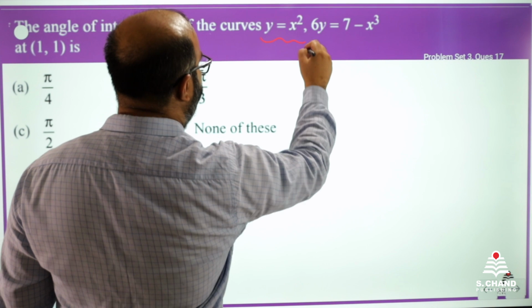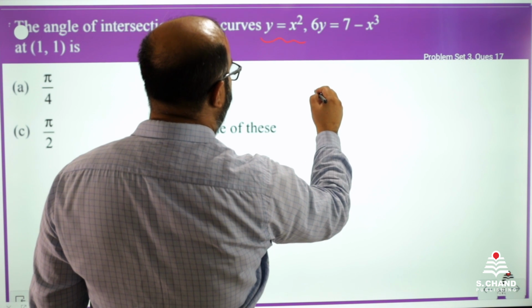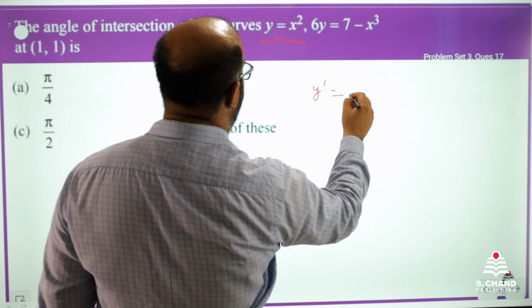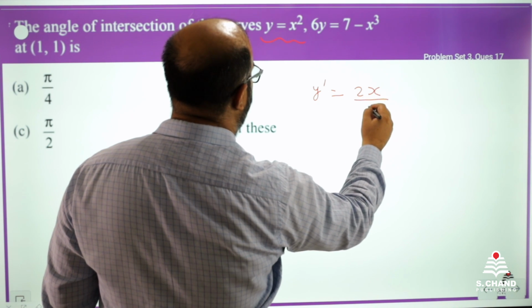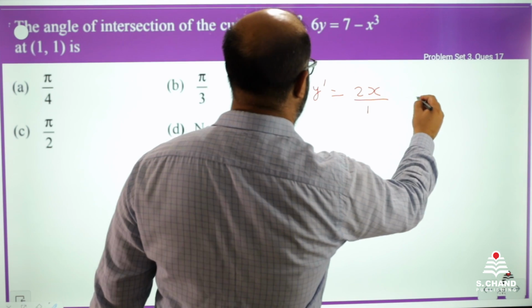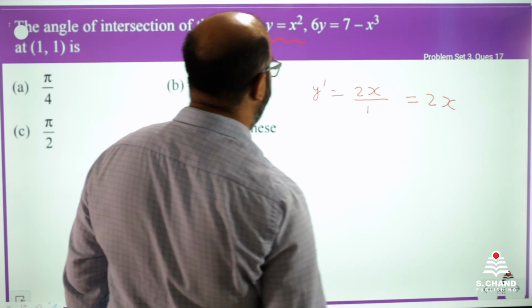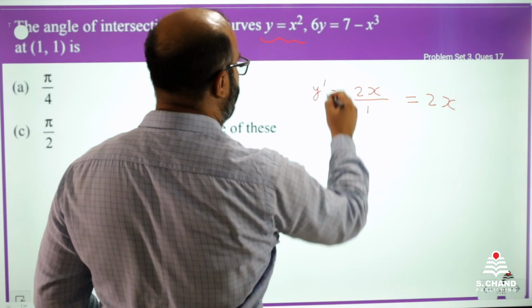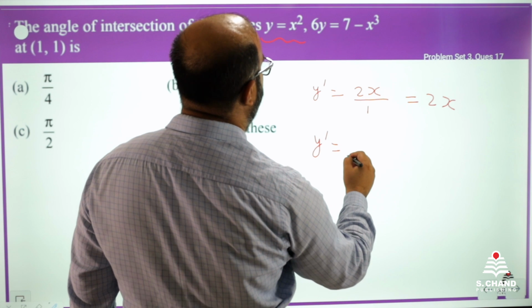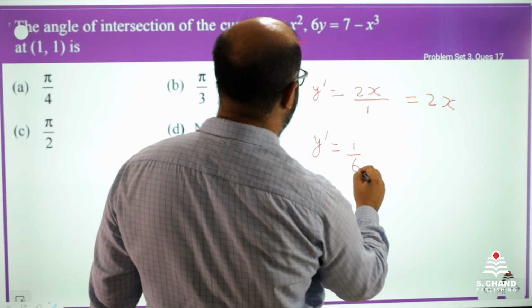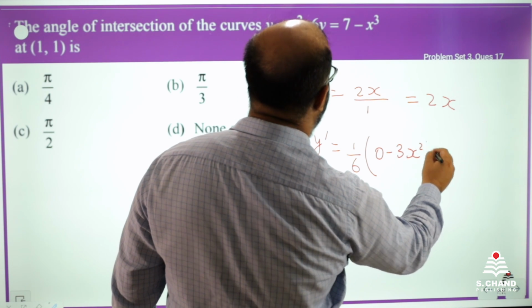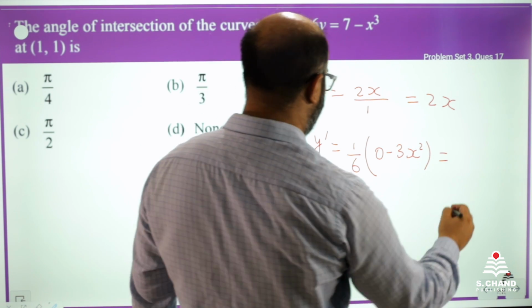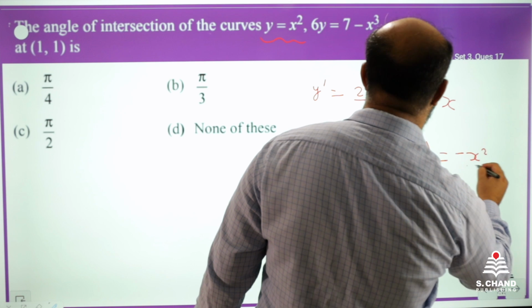we differentiate it, we will get y dash is equal to 2x, the derivative. And if we differentiate this one, this will be 1 by 6 into 0 minus 3x square. So this will become minus x square by 2.